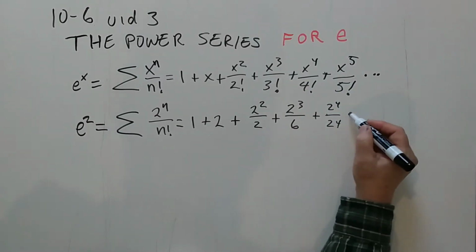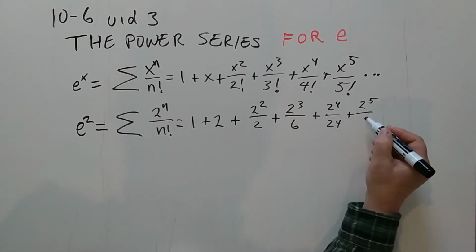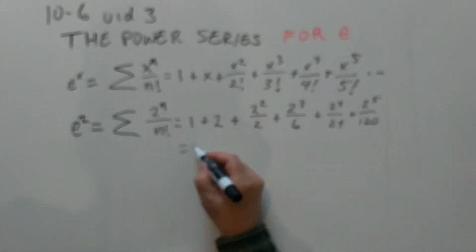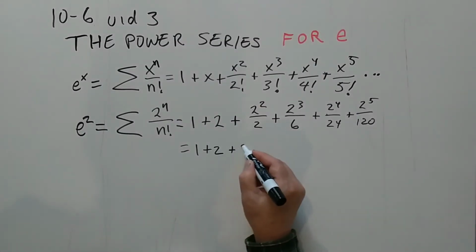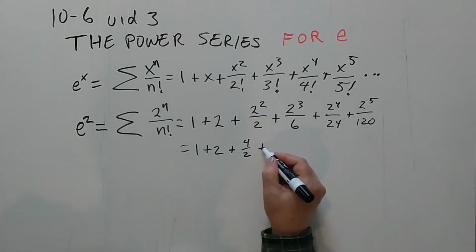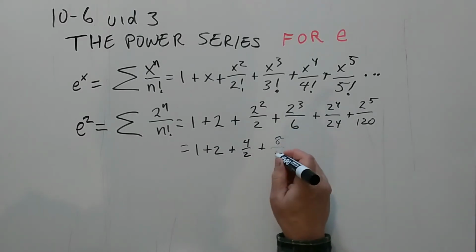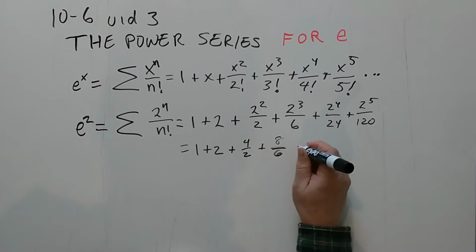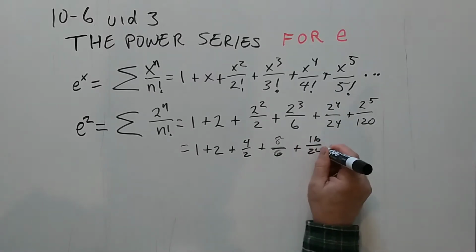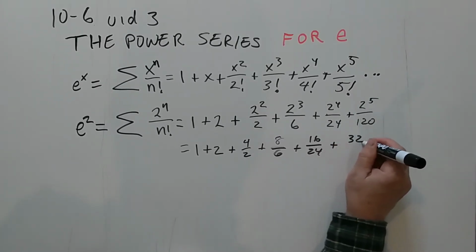And let's go one more, 2 to the 5th power over 120. So this would be 1 plus 2 plus 4 over 2 plus 2 cubed, which is 8 over 6. 2 to the 4th is 16 over 24. 2 to the 5th power is 32 over 120.